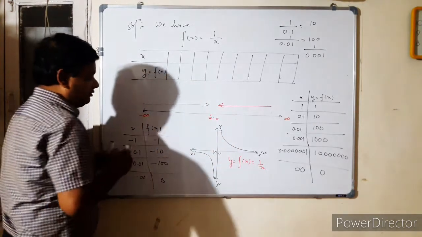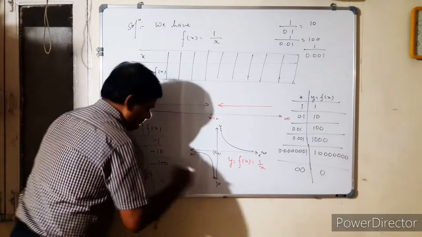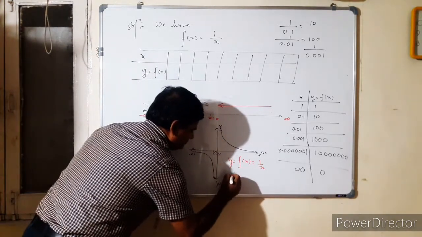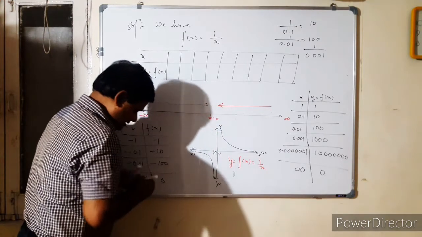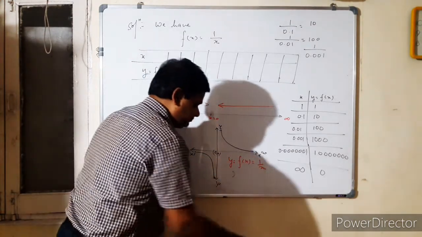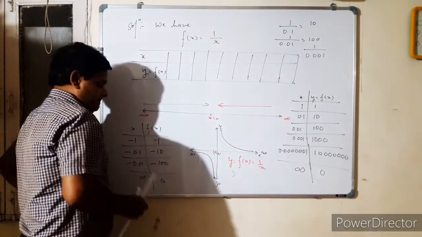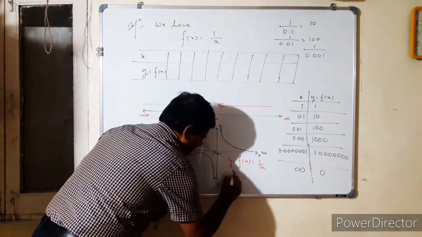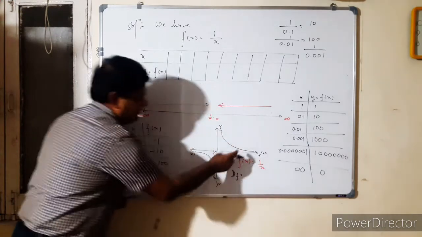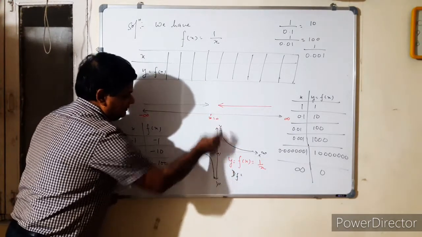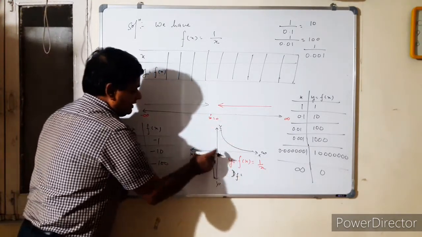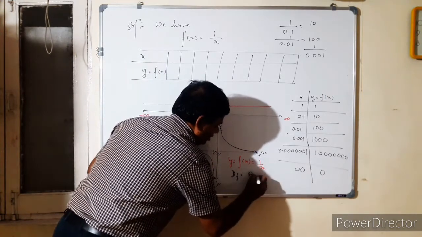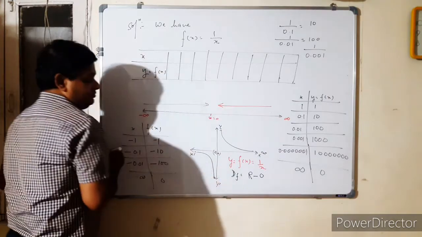See here the domain, in this case domain Df is equal to the set, see here, except this line, means except x equal to 0. So the domain is the set of all real numbers except 0.